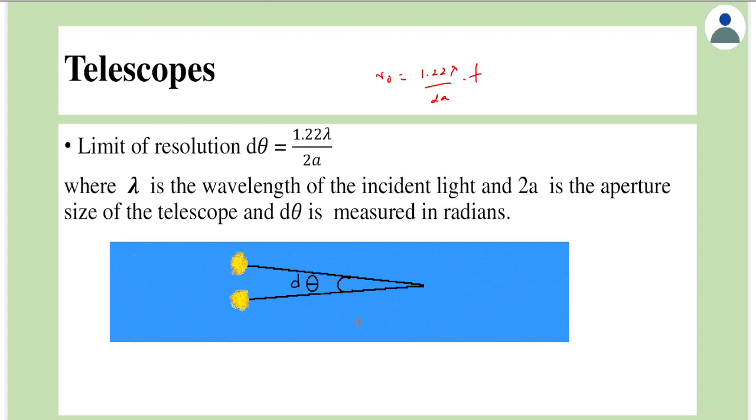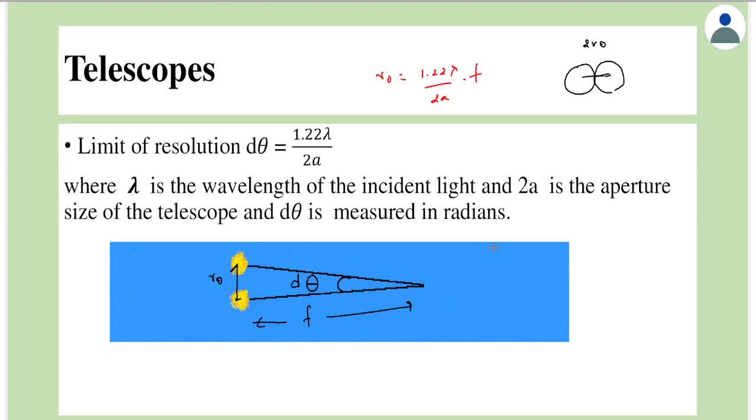They are just resolved. Now the distance between this and this would be the focal length, and we want to find the separation. Then if they are just resolved, this becomes r naught. That is, think of a case where the centers are just resolved like this. Then the distance between them becomes 2 times r naught.